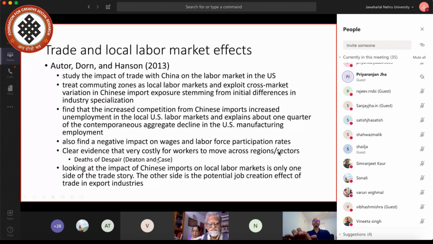There's this book by Angus Deaton, who is a Nobel laureate, and his wife Anne Case. These are both economists at Princeton.